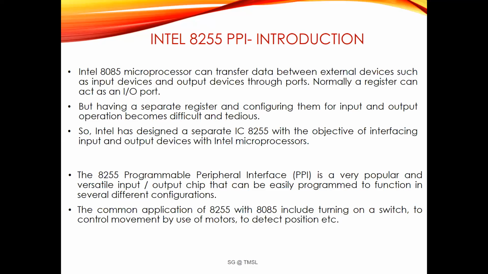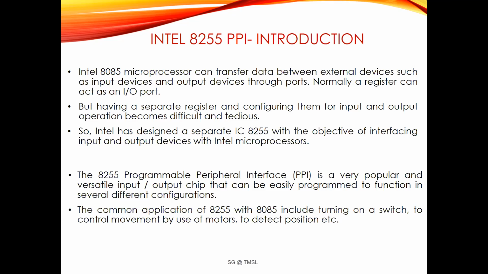So 8255 is used with a wide range of input output cards that plug into the available slots in a PC. The 8255 programmable peripheral interface is a very popular and versatile IC that can be easily programmed to function in different configurations.